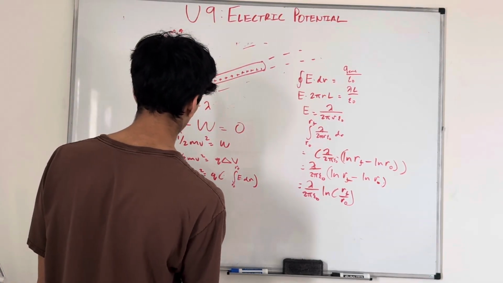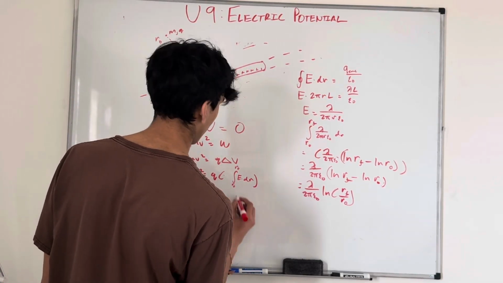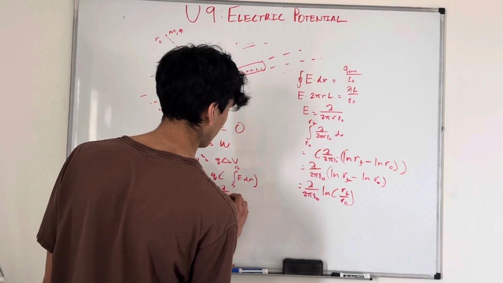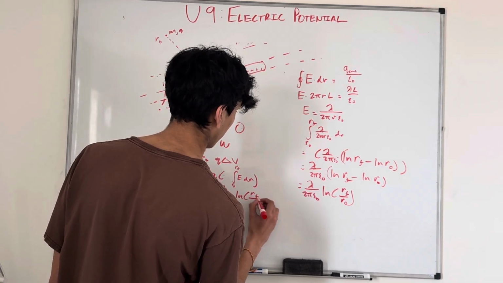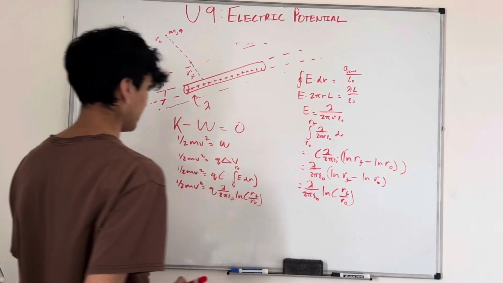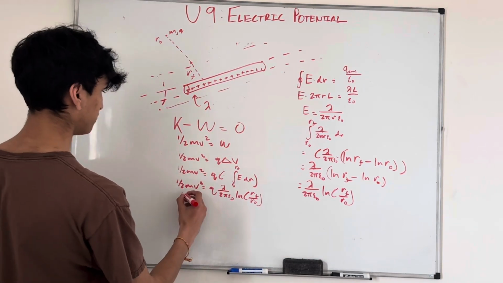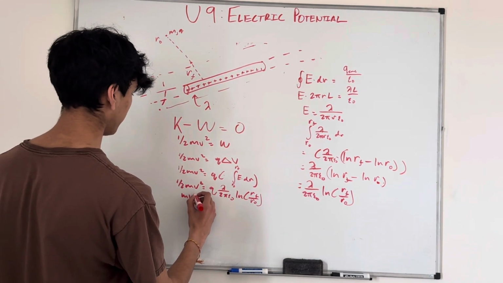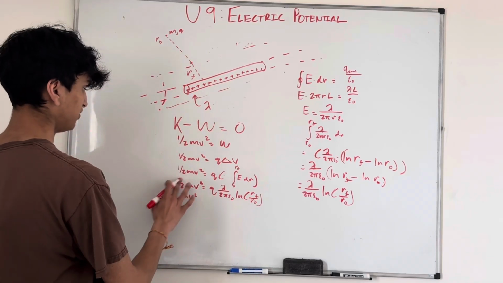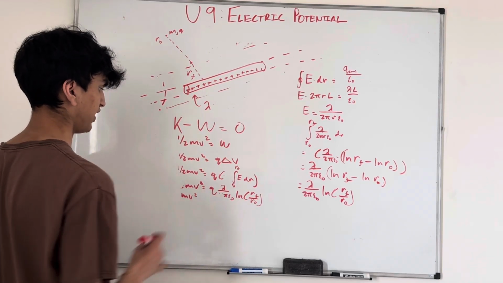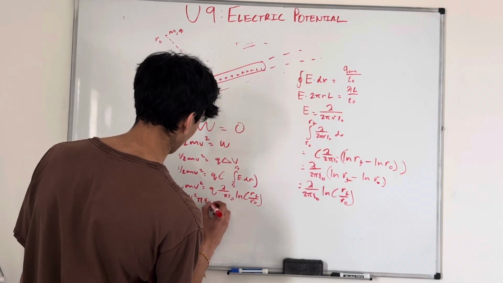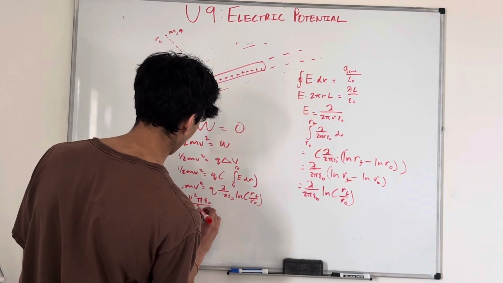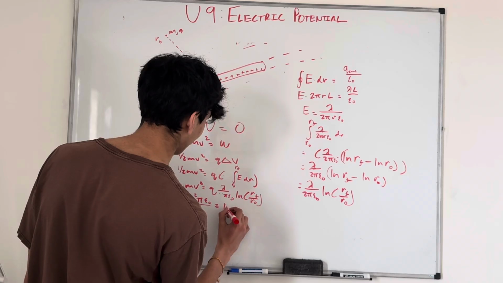So 1/2 mv squared is going to equal Q times lambda over 2 pi epsilon naught times ln r final over r initial. Oh boy, you could do mv squared. The 1/2 would drop off. So mv squared times pi epsilon naught over q lambda is equal to this ln.